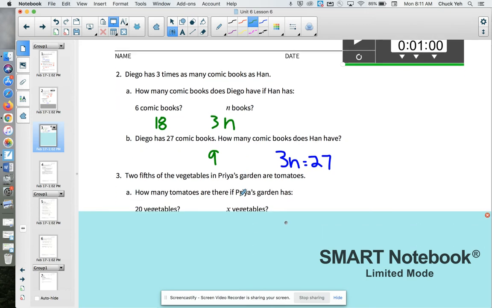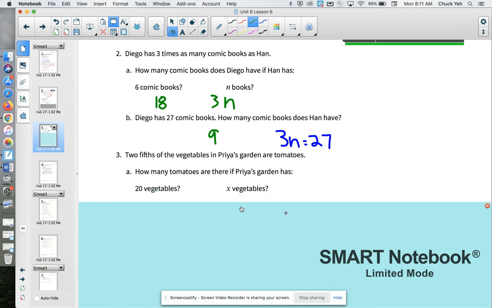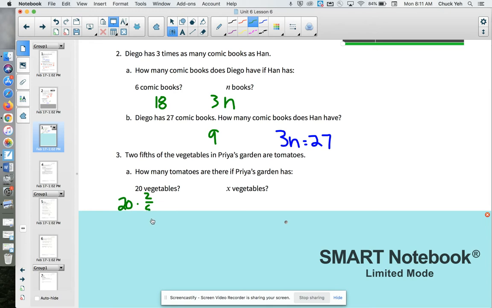2/5 of the vegetables in Priya's garden are tomatoes. How many tomatoes are there? Priya's garden has 20 vegetables. 20 times 2/5.